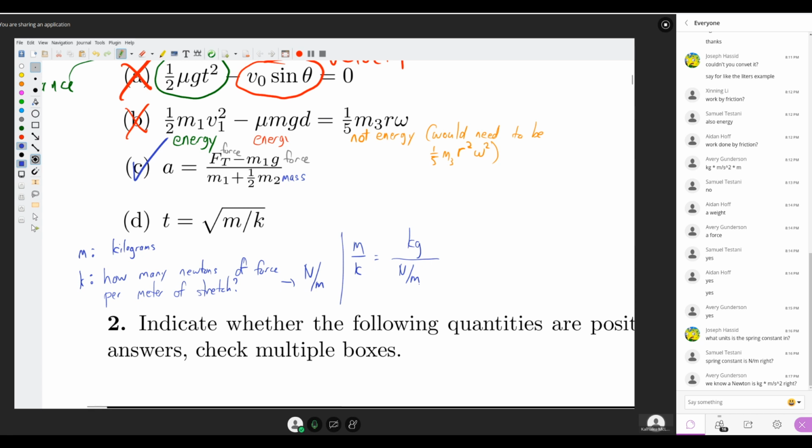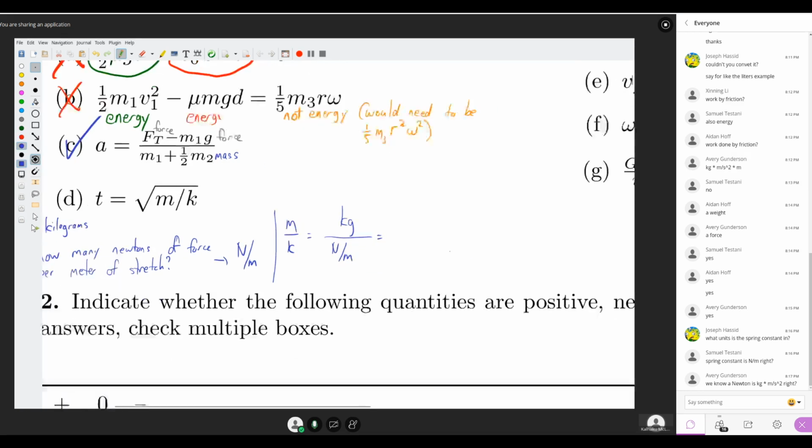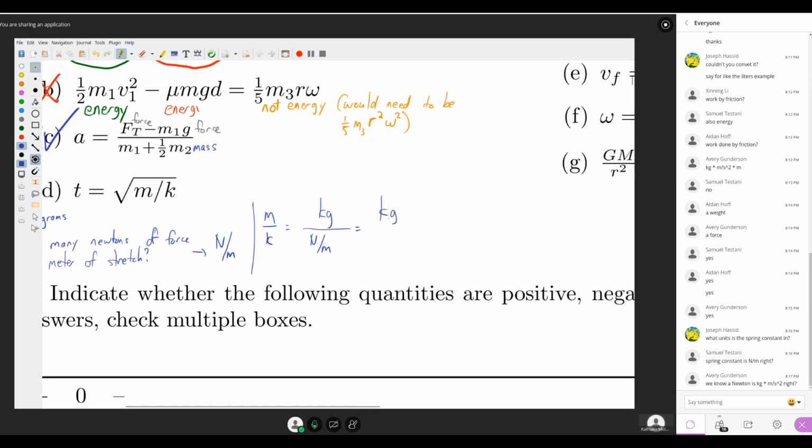We know that since F equals ma, a newton must have the units of a mass times an acceleration. So that means this is kilograms divided by, well, we'll write it this way, kilograms meters per second squared per meter.